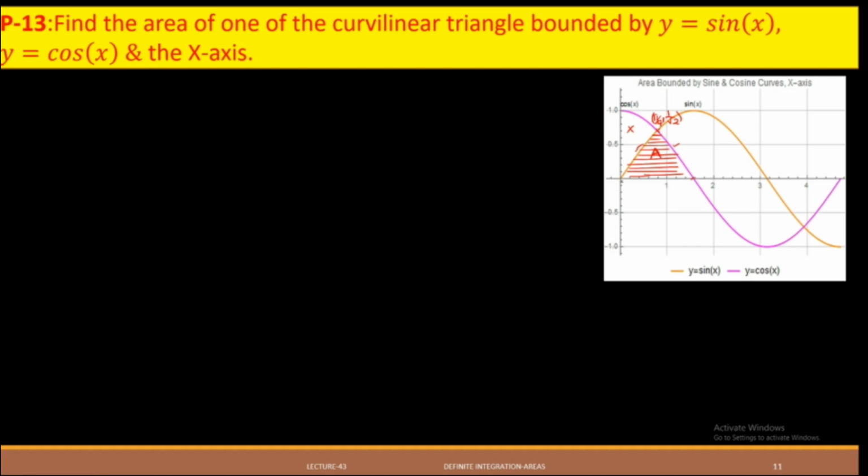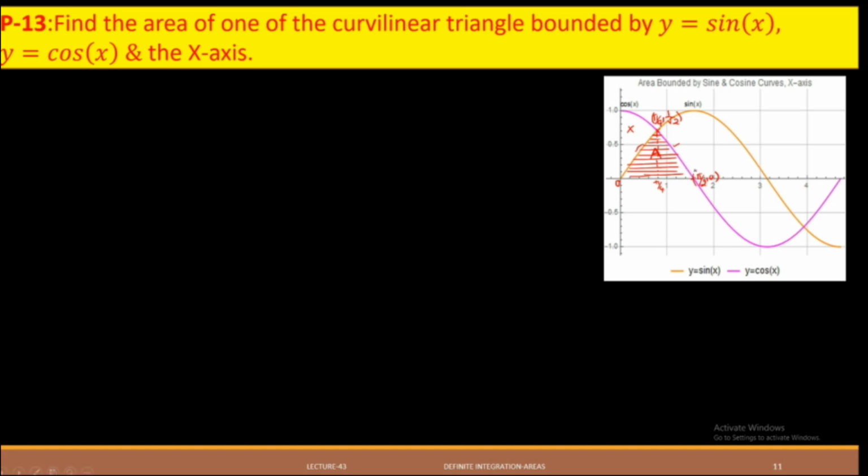Let us say this point is pi by 4, and this will be pi by 2, because the cos curve intersects the x-axis at pi by 2 comma 0. So from 0 to pi by 4 it is under the sine curve, and from pi by 4 to pi by 2 it is under the cos curve.